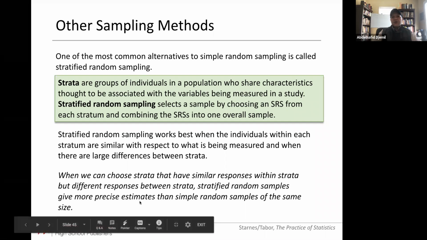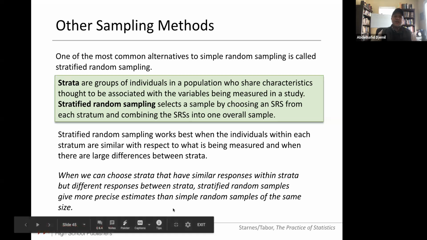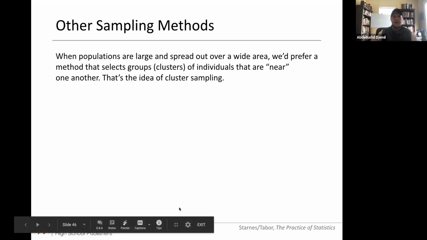So we can choose strata that have similar responses within strata, but different responses between strata. In each classroom, we have responses that are similar. But from the other classes, they may not be similar. So it is not a problem for us. It will give us a more accurate estimate. So that is a strata.